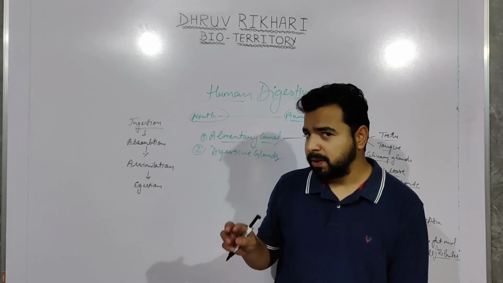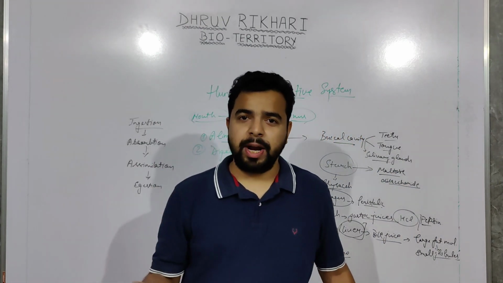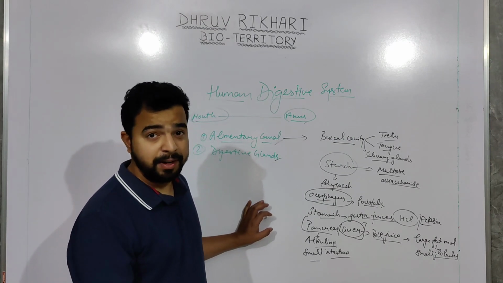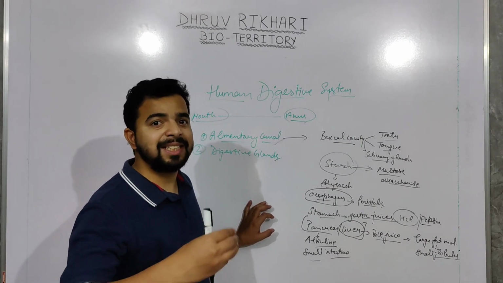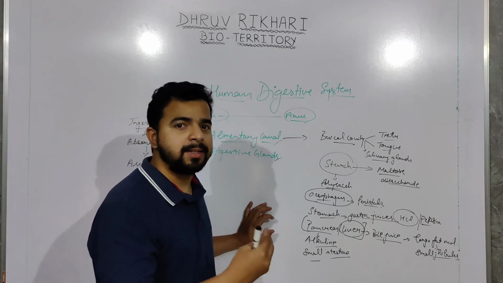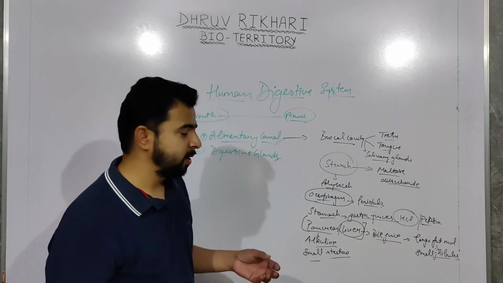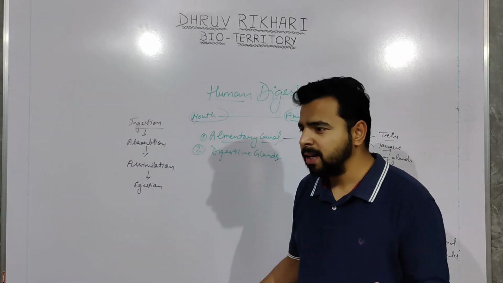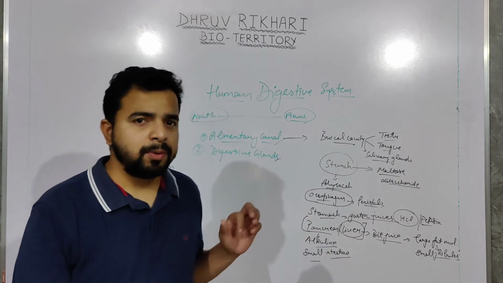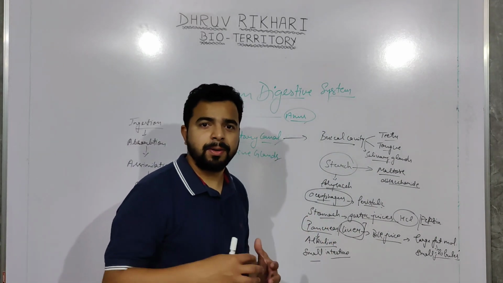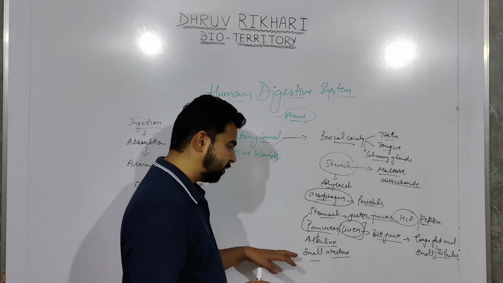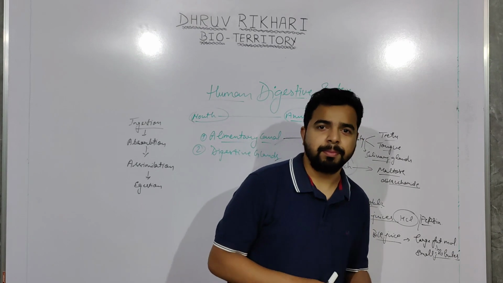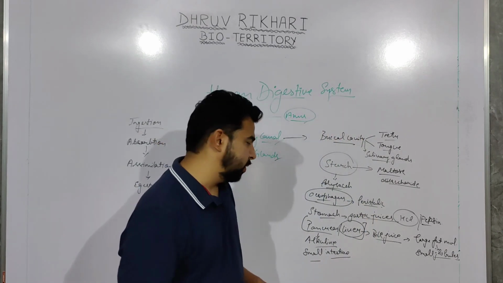In herbivores, the small intestines are more coiled, because the plants on which herbivores feed have cellulose, the cell wall composition of plants, which they have to digest. Carnivores don't have to digest cellulose, so the small intestine structure is more coiled in herbivores as compared to carnivores.